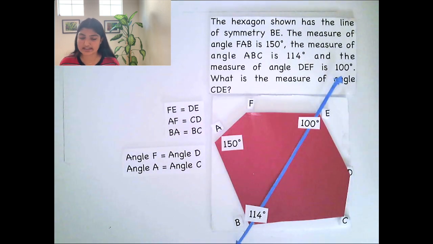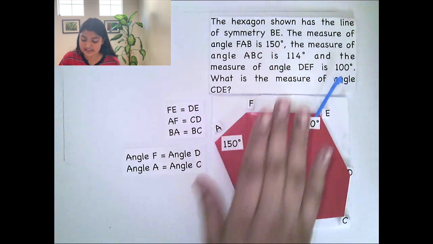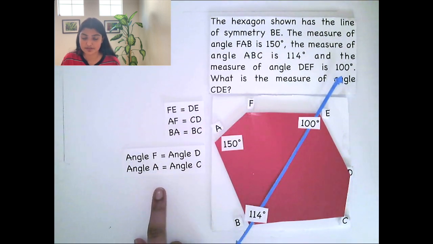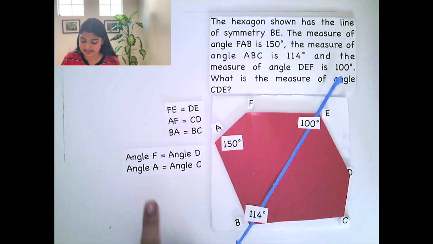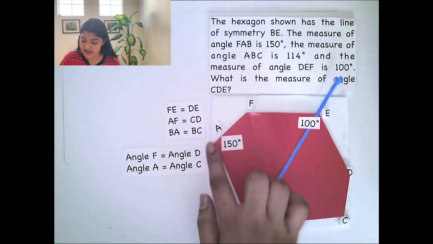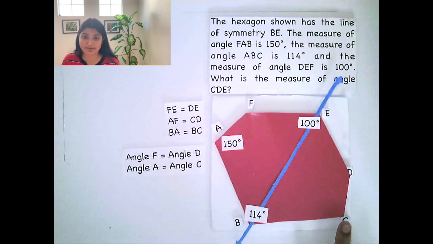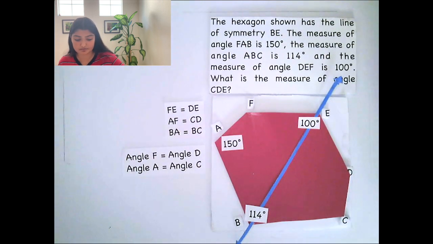Now that we've looked at the angle measures that are given by the question, let's look back to our properties. Through our properties, we can see that the measure of angle A is equal to the measure of angle C. Therefore, as angle A is 150 degrees, angle C would also be 150 degrees.